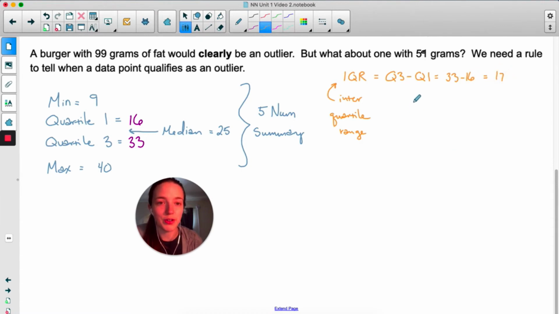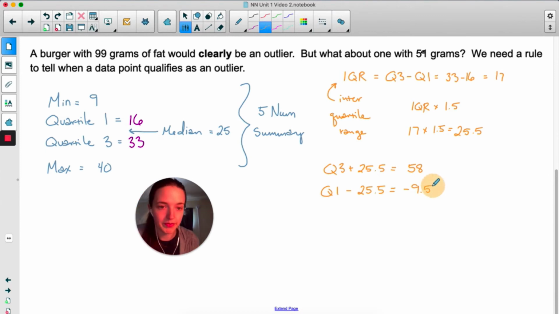Next, we do IQR times 1.5. So for us, that's 17 times 1.5, which is 25.5. Then you do Q3 plus that number and Q1 minus that number. These are the upper and lower limits.